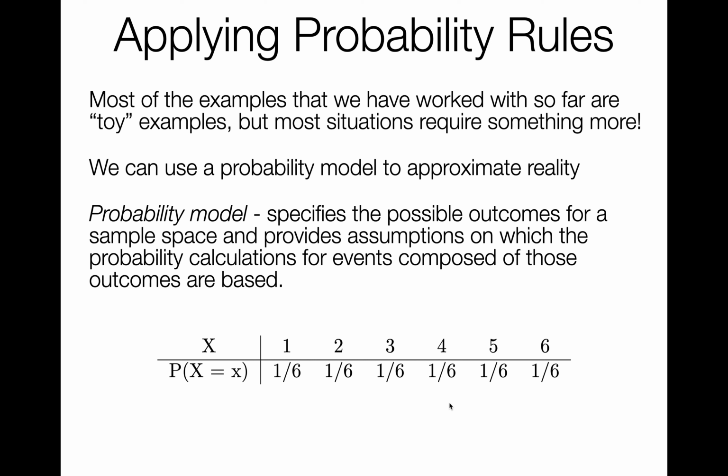Those are the outcomes that I list in the top of this table. And in the second row of this table, it specifies the probability of said outcome happening. And of course, we all know, or we will know soon enough, that if you roll a dice, it has 6 sides, all are equally likely, so the probability that I see any side is 1/6. And so that's why it lists all 1/6. And that is a probability model that we can use to approximate the reality of rolling the dice.